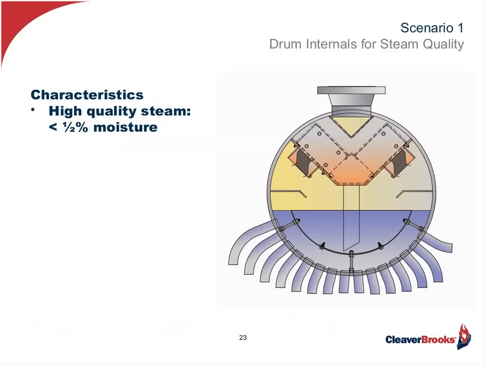The other thing that we mentioned in our scenario here is we've got to have high quality steam. A water tube, because of the way it's constructed, with these internal baffles in the upper drum and additional dryer cartons that could be added, can give us 1/2 of 1% moisture, as opposed to about 1.5% moisture with a fire tube boiler, just standard.